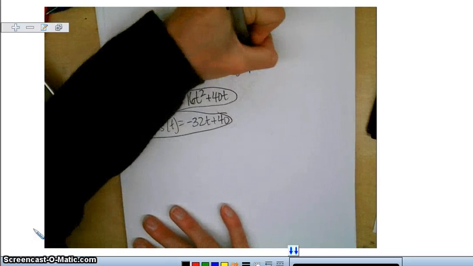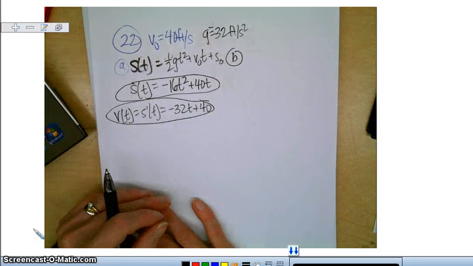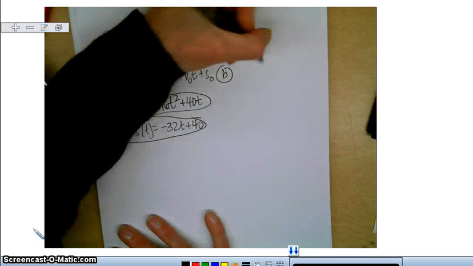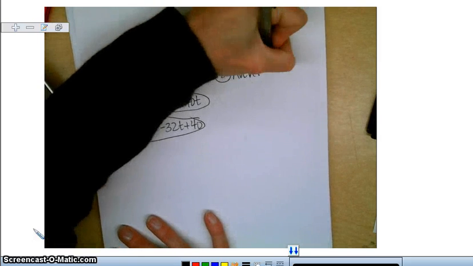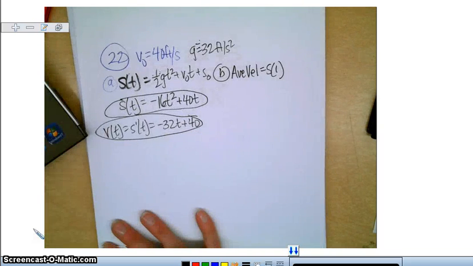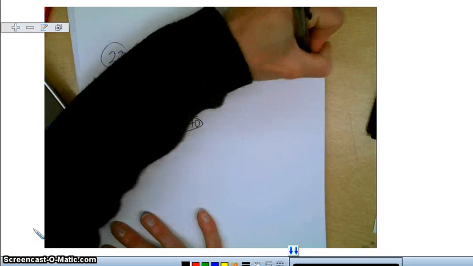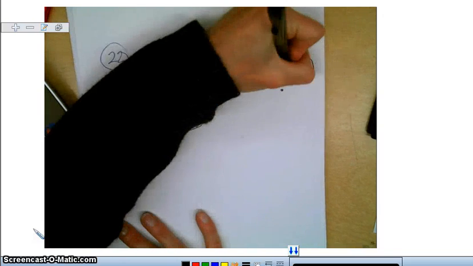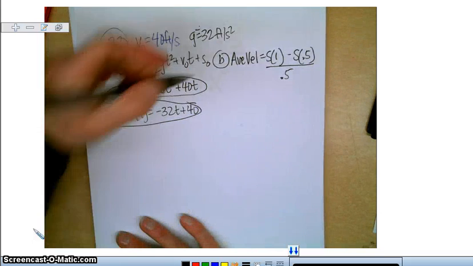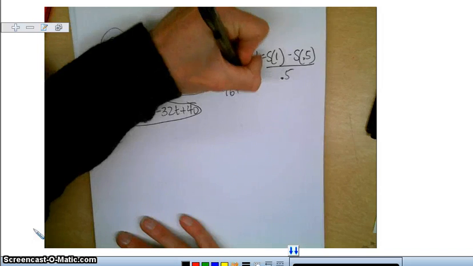So now for part B, it says find the average velocity over the interval from 0.5 to 1. So the average velocity, we're going to take s at 1, the position at time 1, minus the position at 0.5, and divide it by how long the time period was, which is half a second. So if I put 1 into my position function, I get negative 16 plus 40.